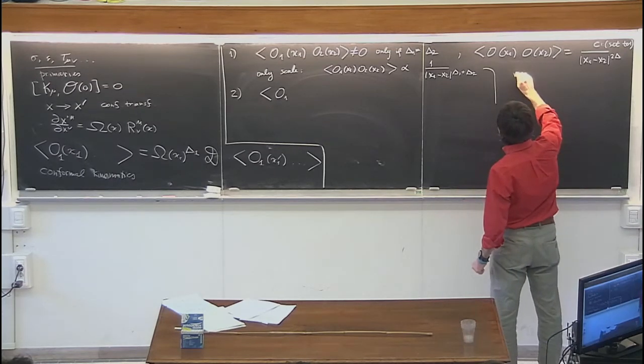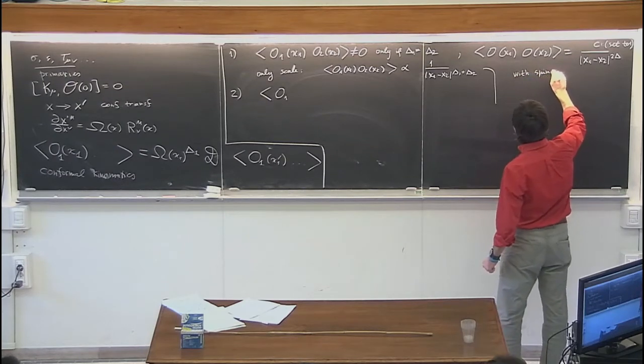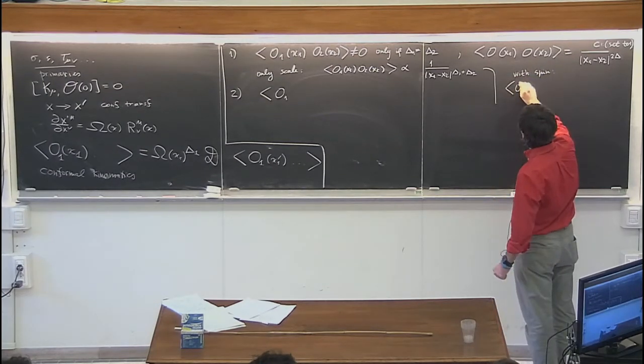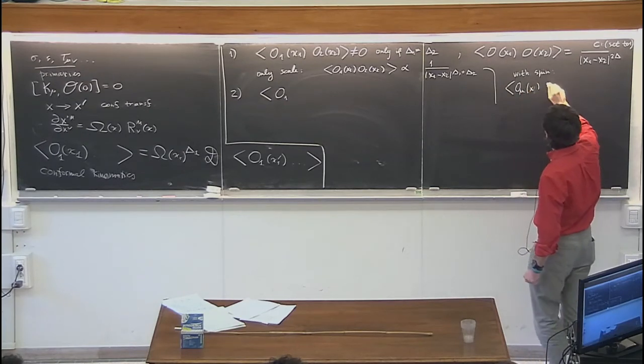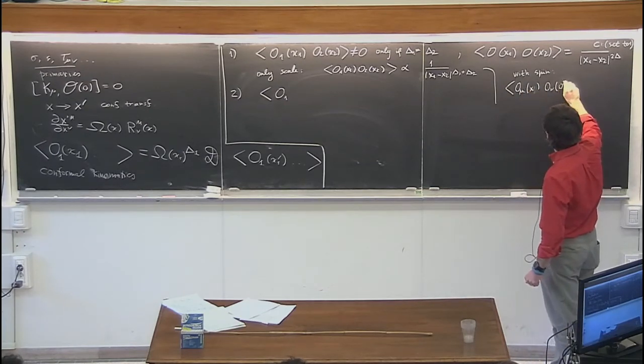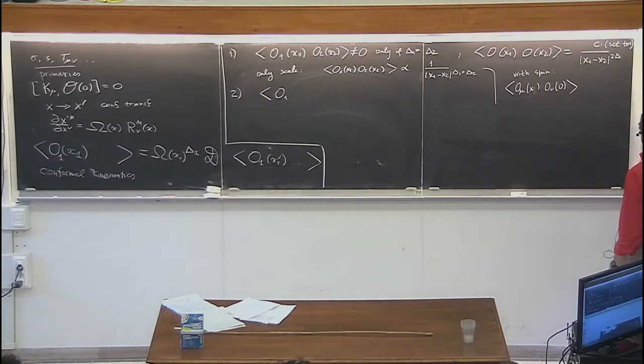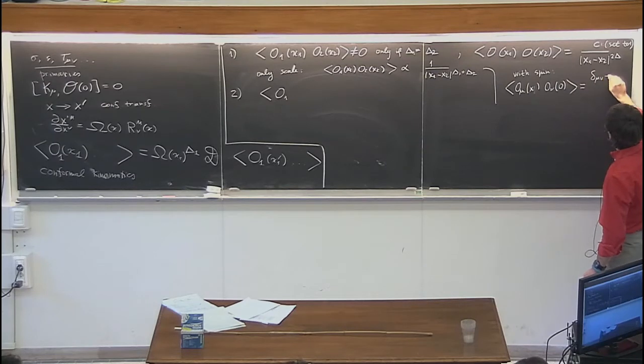With spin, we would have O mu of x, O nu of 0 equal to delta mu nu minus twice x mu x nu divided by x squared, divided by x to the power 2 delta.